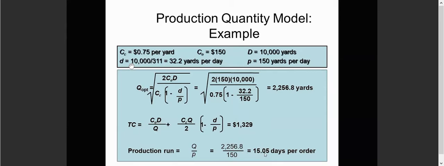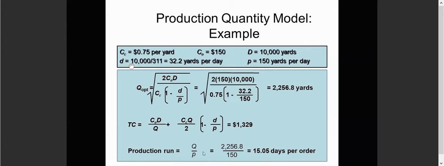So we have 15.05 days per order. So the production process will run to finish the batch size of 2256.8 yards within 15.05 days.